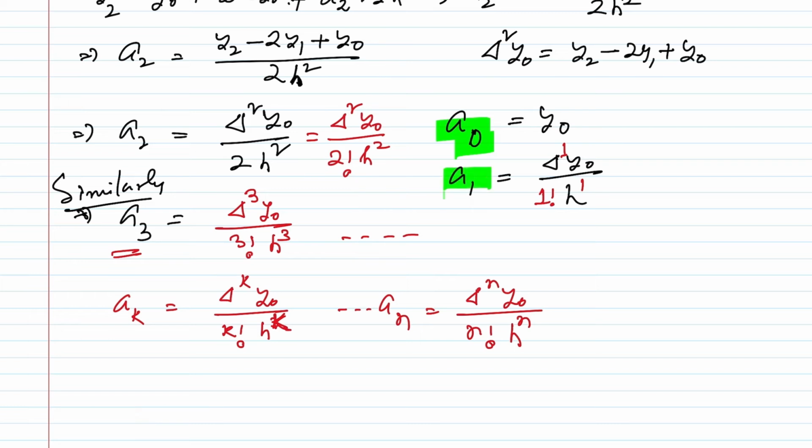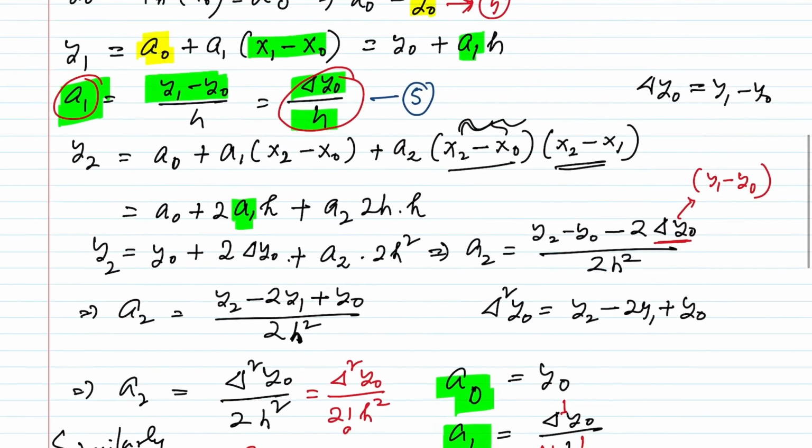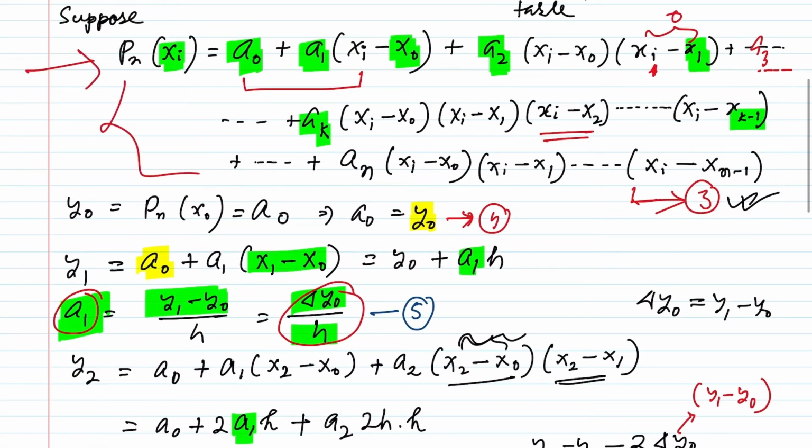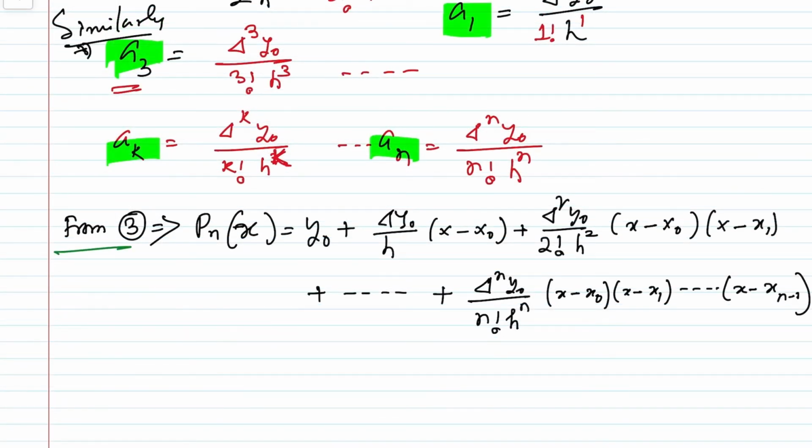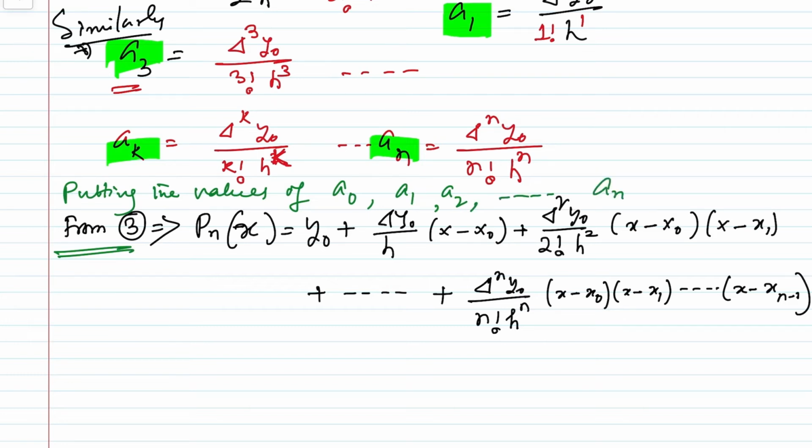So using those values of a0, a1, a2, up to an in equation number 3, then what we will get? If you put those values, we will get this equation from equation number 3.